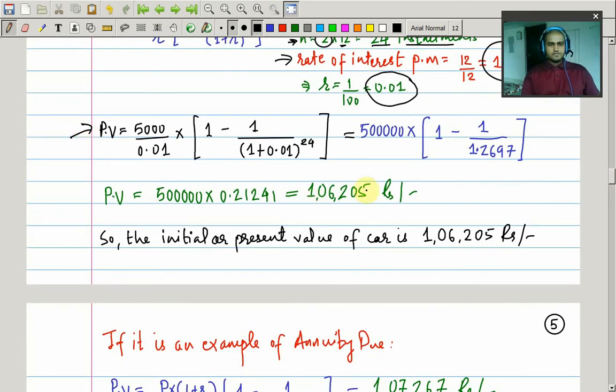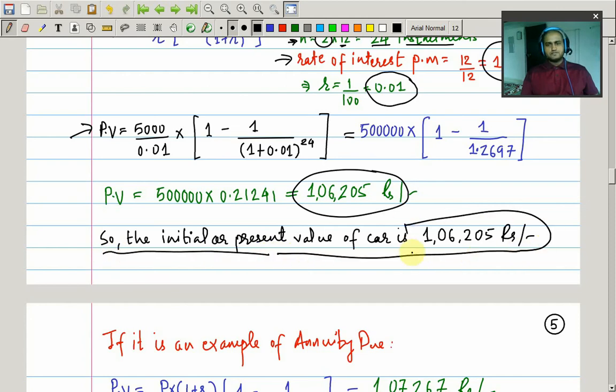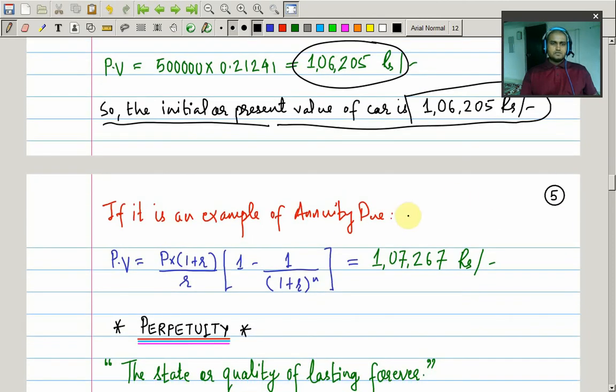It comes present value is 1 lakh 6,205 rupees. So the initial or the present value of the car is this. I've taken the case where the installment is paid at the end of the month. Now it's the explanation for annuity due.